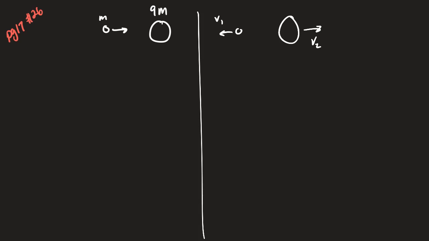I know that it's going to be m times v plus 9m times 0 equals m v1 plus 9m v2. Now look, this problem gives us no numbers in which to work. That's kind of rough. All we've really got is 9 and v. That kind of stinks.